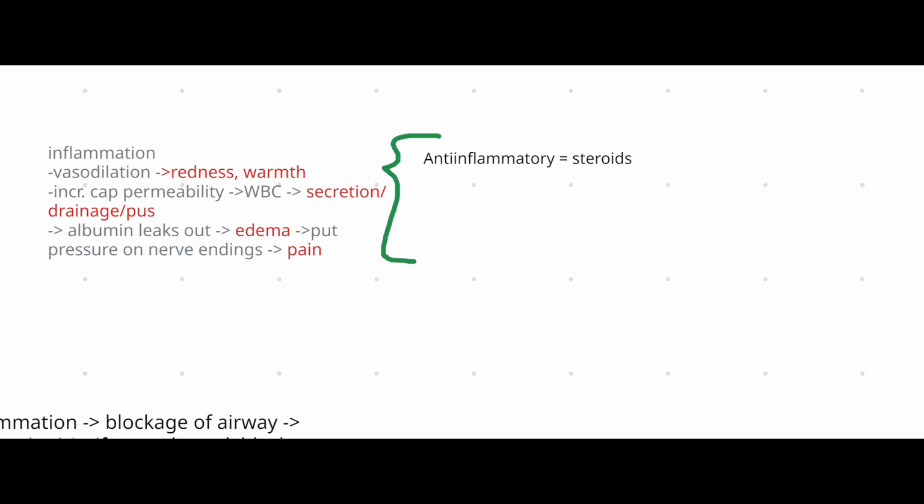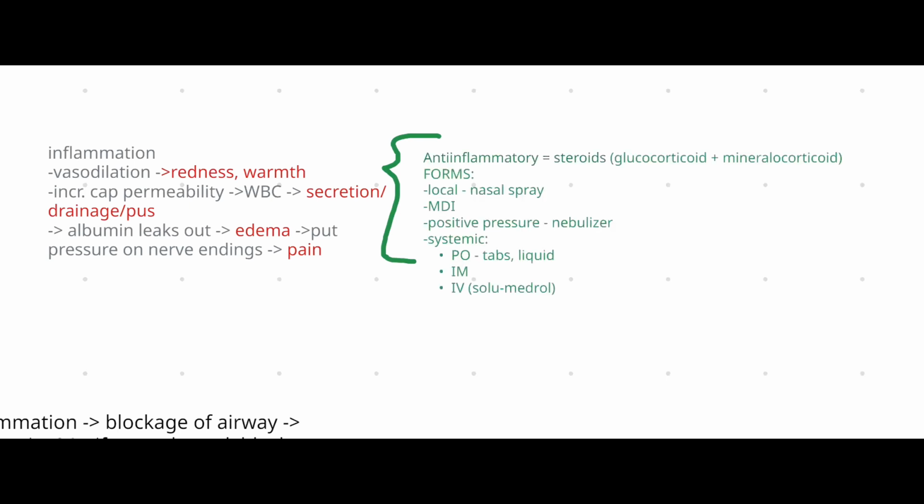So Solu-Medrol is a typical steroid that we would give as an IV. So what does that tell us? The more systemic the route, the worse the inflammation is, right? But we're not going to give an IV steroid for a new onset asthma, unless it's really, really bad, okay?